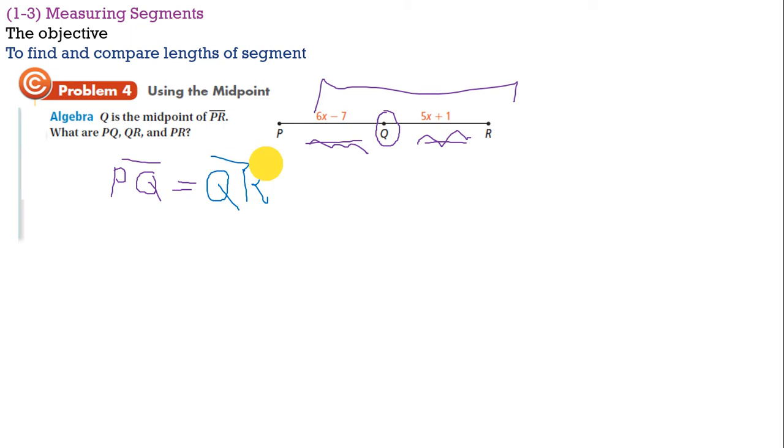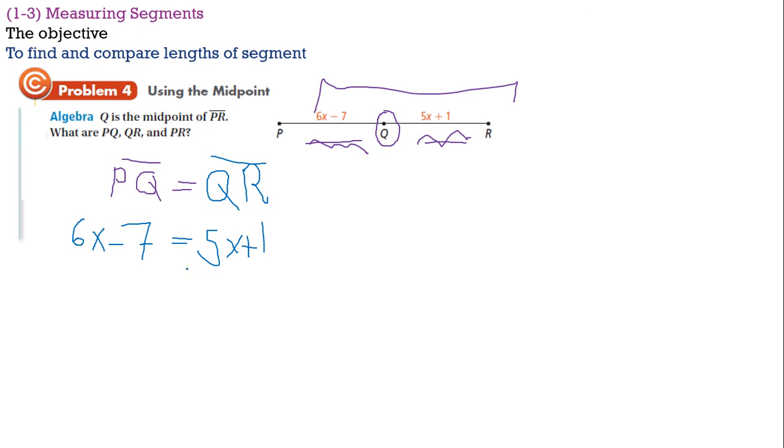Now, why am I writing that? Because Q is the midpoint of PR, which means it divides the segment into congruent segments. Right, let's substitute what we have. That is 6x minus 7, which is equal to 5x plus 1.